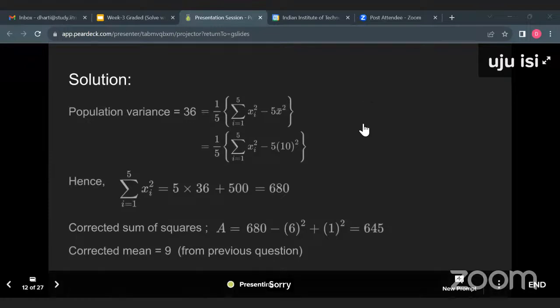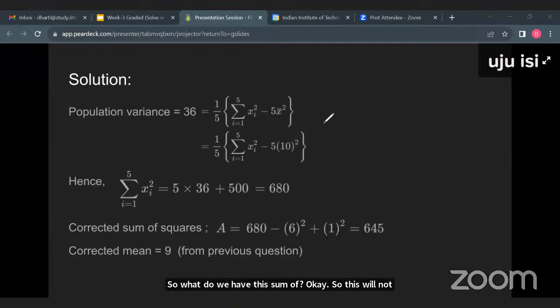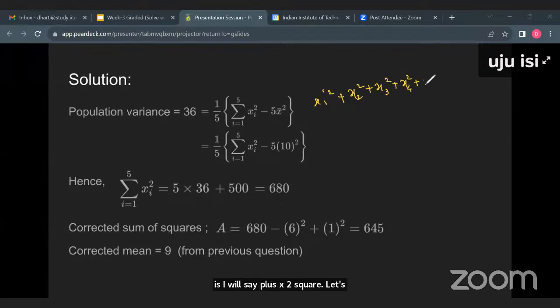Adding 6 square, subtracting 6 square and adding 1 square will now give the sum of squares of my original data, which I will say is x1 dash square plus x2 square plus x3 square plus x4 square plus x5 square, which is equal to 680 minus 6 square plus 1 square.